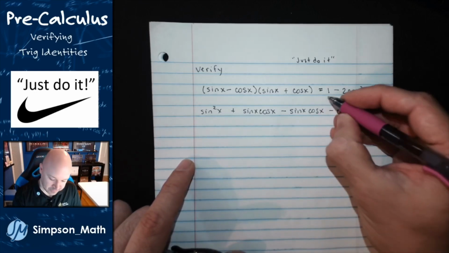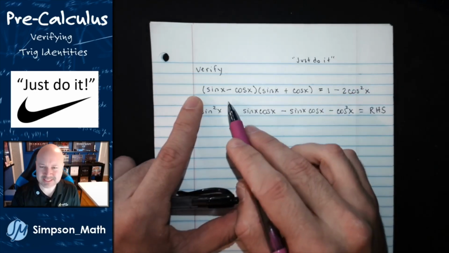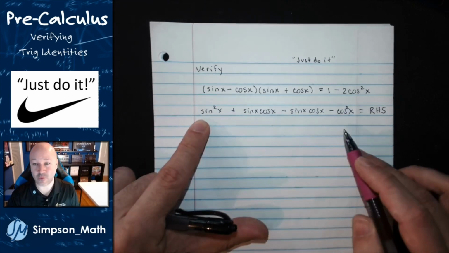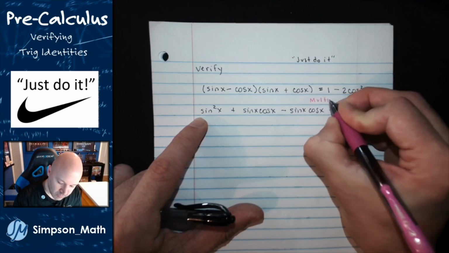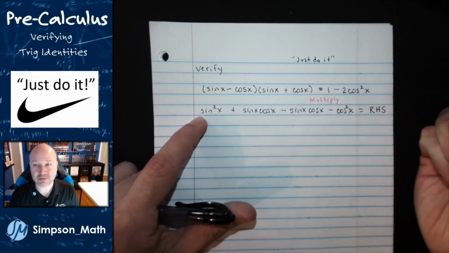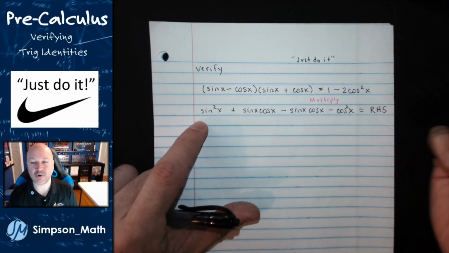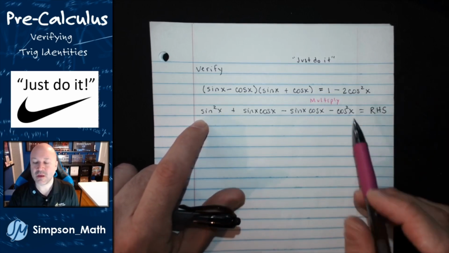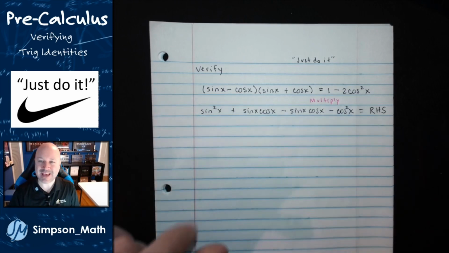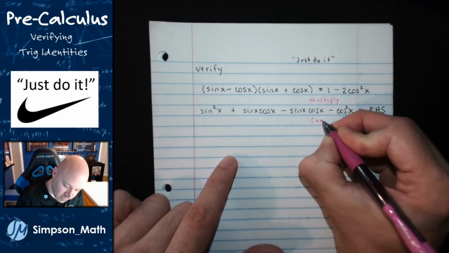I need to justify. What allows me to take those things and rewrite it as these four things? Well, I multiplied it. You could say distribute, means same thing, that's probably more accurate. You could say FOIL, that's fine. Anyone would know what that means. But I just multiplied here. And in my next step, I'm going to cancel.